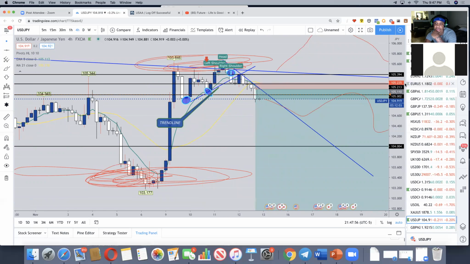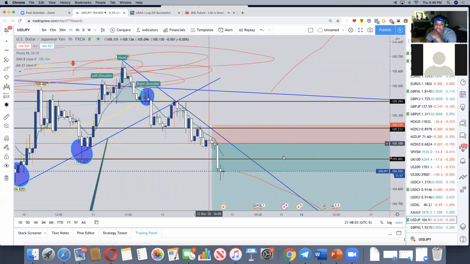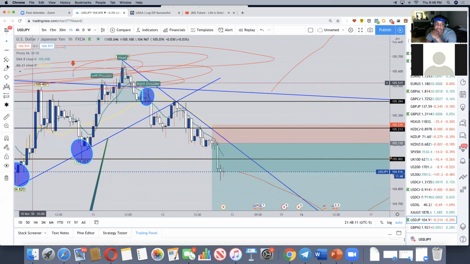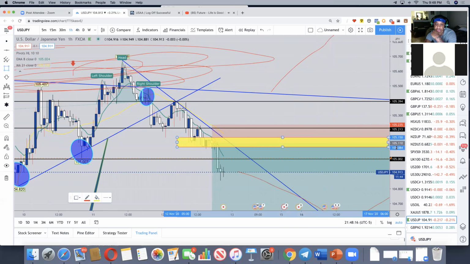For anybody asking for possible entries on USDJPY, I want to get into it until you see a pullback. Ideal entry, I got it around here, so anywhere over here would be totally cool.